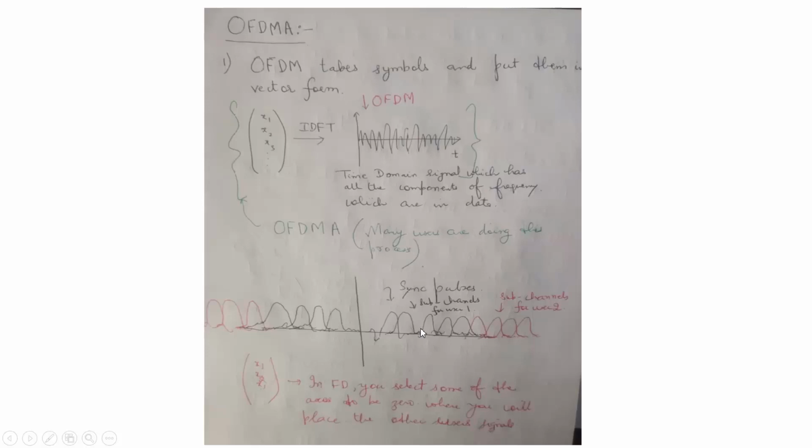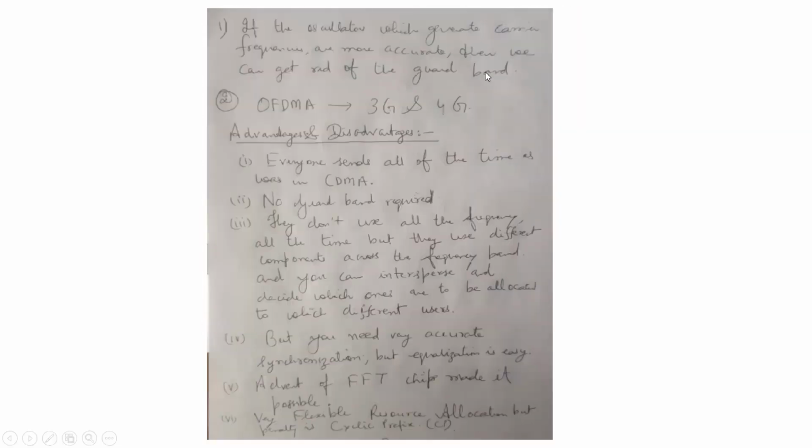And how will the carrier frequencies be generated? They will be generated through oscillators. Good quality oscillators and algorithms are used for carrier synchronization, and this has made it possible to transmit data without the guard bands. If the oscillator which generates carrier frequencies is more accurate, then we can get rid of the guard band. So OFDMA was used in 3G and 4G systems.